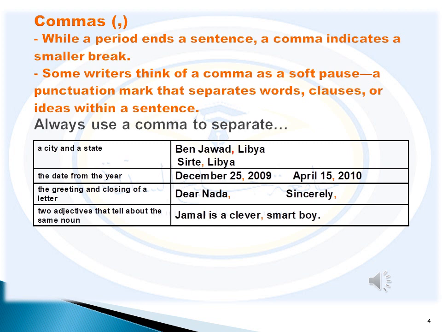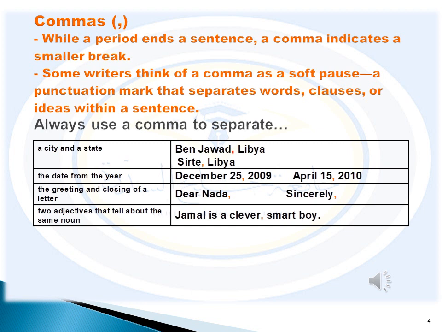Some writers think of a comma as a soft pause, a punctuation mark that separates words, clauses, or ideas within a sentence. Always use a comma to separate a city and state.